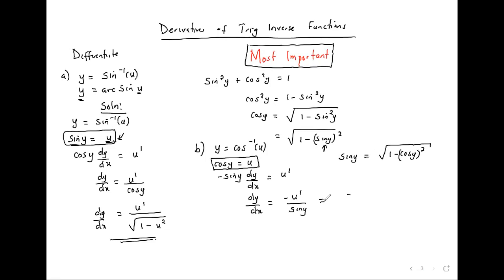So we substitute to have negative u prime over, where the sine y is the same as the square root of 1 minus cos y squared. So we have 1 minus, so what is cos y? Cos y is u from here. So we'll have u, and because it's squared, u will also be squared. So these two are almost the same. They differ by just a sign.